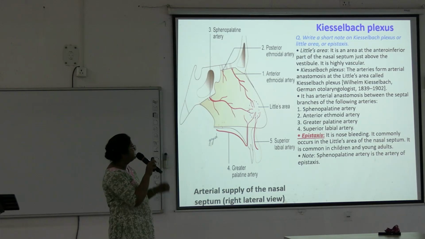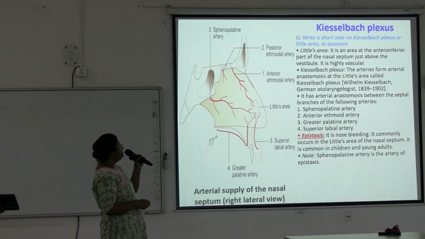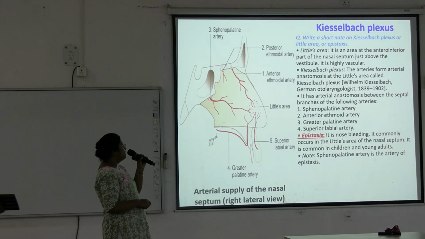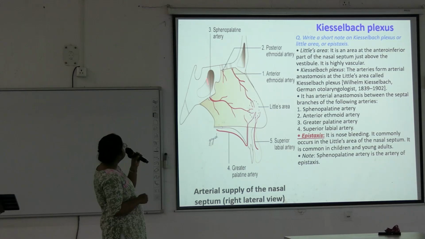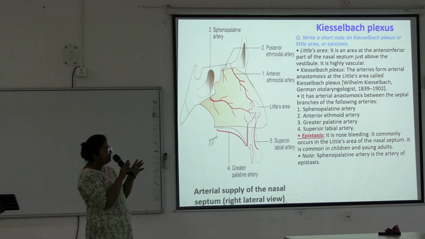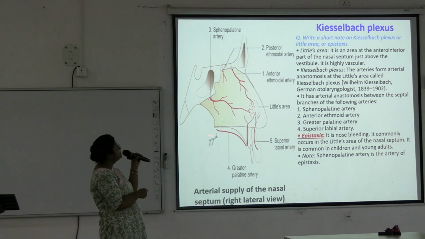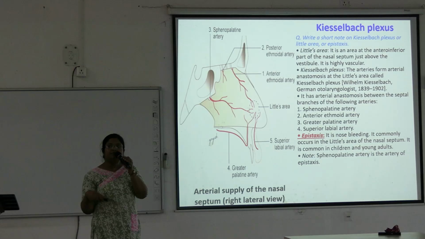So that's why epistaxis is more common in children and young adults. And the sphenopalatine artery is the artery of epistaxis. Okay. So in case of heavy bleeding, you have to ligate this sphenopalatine artery in epistaxis.